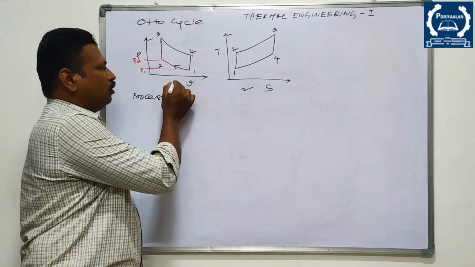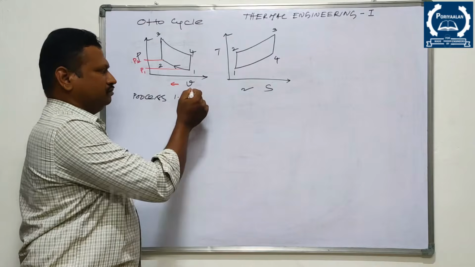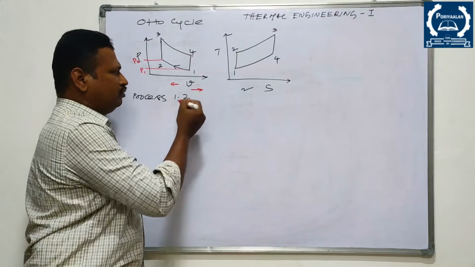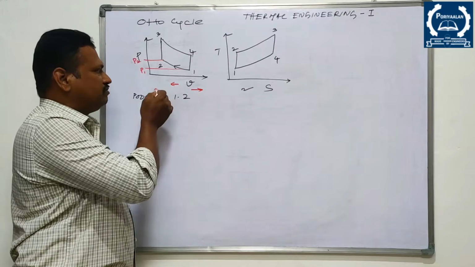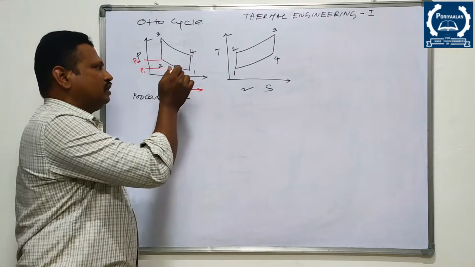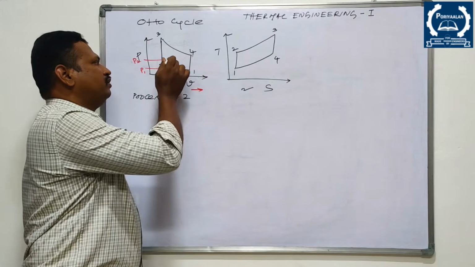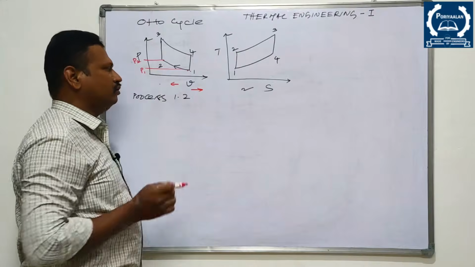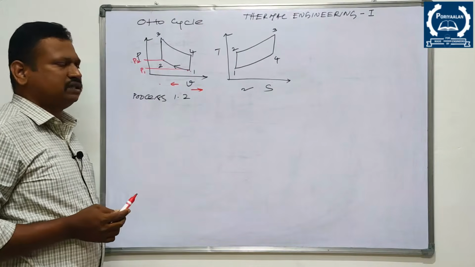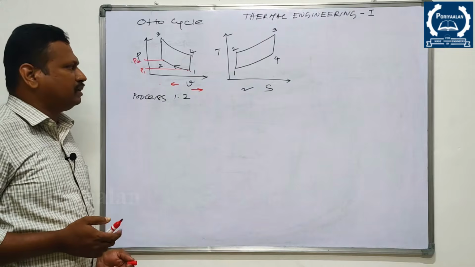Then volume decreases, because when you are going towards the right, volume increases, and when you are coming to the left side, volume decreases. So in this PV diagram, pressure increases from P1 to P2 and volume decreases from V1 to V2. When volume decreases, it will be a compression process.